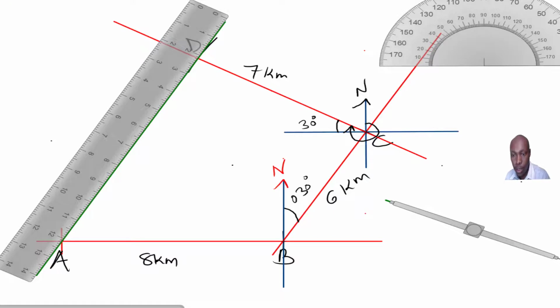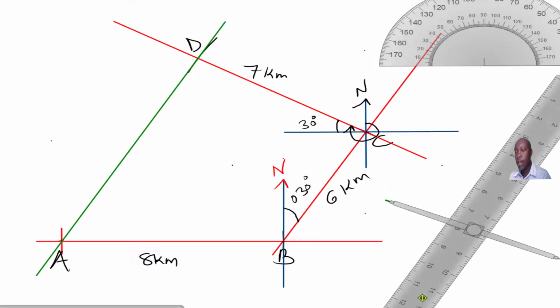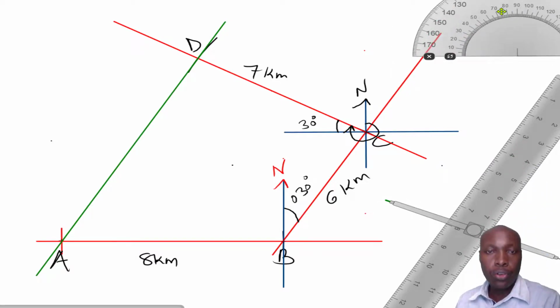Yes, that is how you are supposed to make that scale drawing. As you can see, we have drawn this to scale and the positions of A, B, C, and D are accurately given.